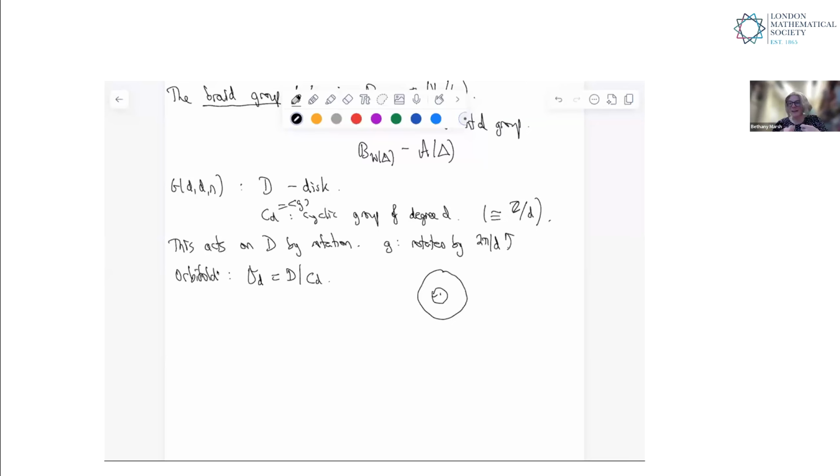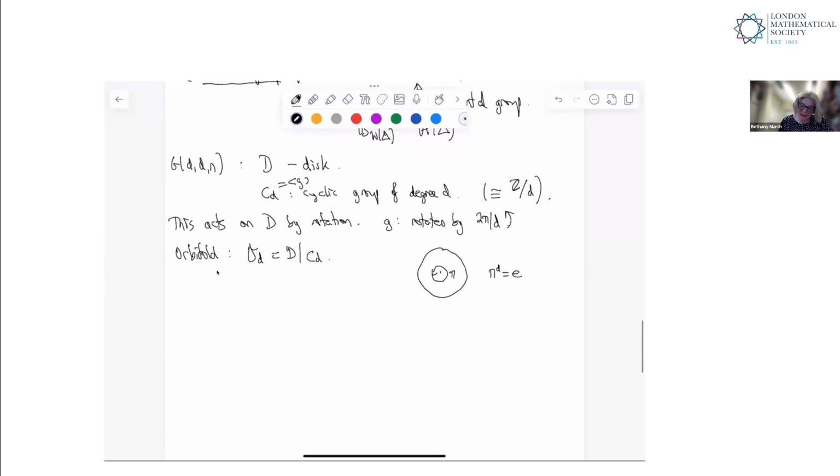So intuitively, that's the way to think about the orbifold. It's just the same as the disk, but it has this additional property that a path that goes d times around the disk can be collapsed, or 2d, and so on, any multiple of d. But if it goes around once, you can't collapse it. So if we call that π, then π to the d is e in the fundamental group. It's known as a cone point of degree d.